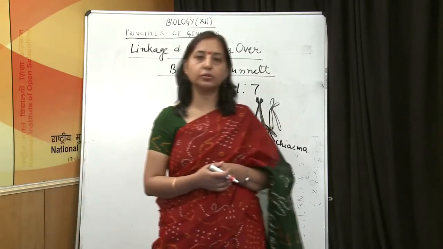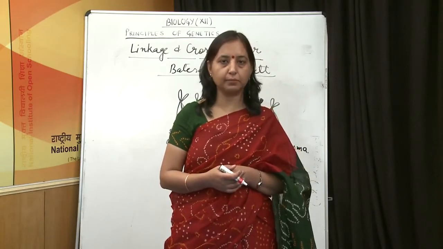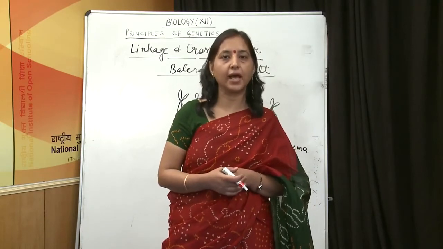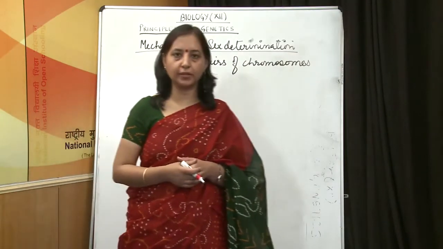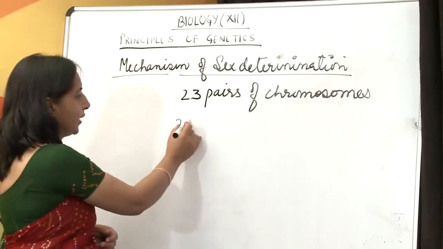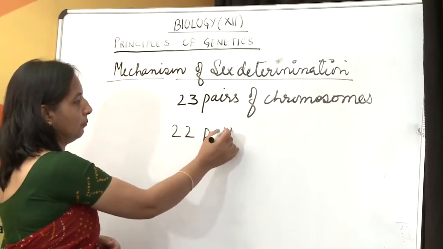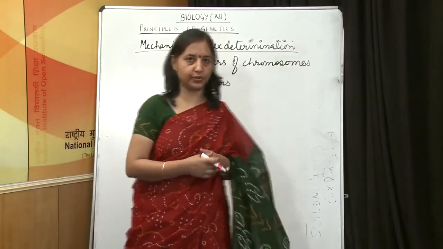Let us talk about the mechanism of sex determination, not only in human beings but in birds, insects and honeybees as well. In human beings, there are 23 pairs of chromosomes, out of which 22 pairs are similar in both male and female, and these are called autosomes.